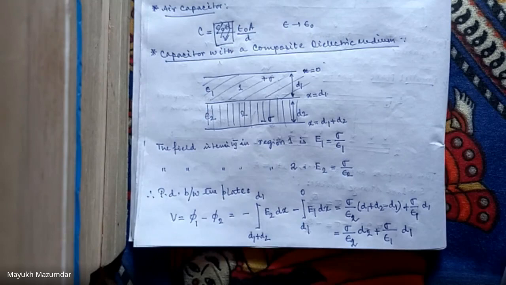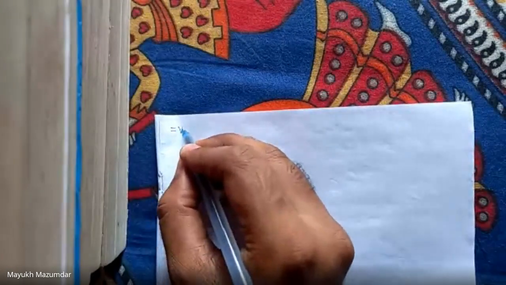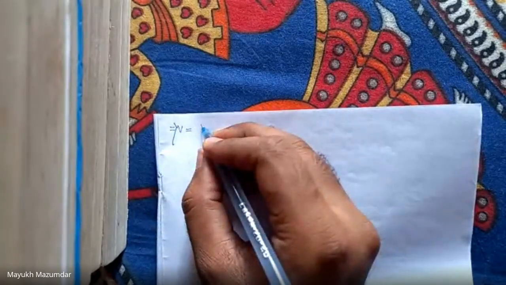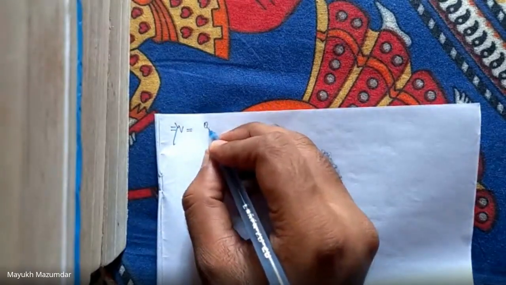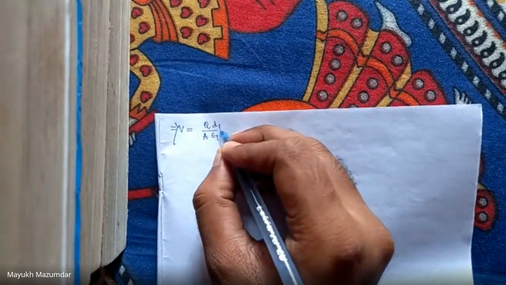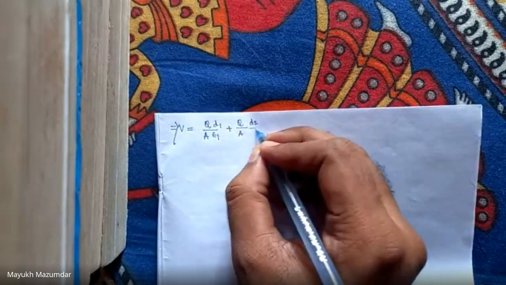Okay, fine. So next, you all know, you have to express sigma in terms of the charge. So the potential difference would look like: sigma means Q by A, so Q by A times d1 plus Q by A times d2 by epsilon 2.